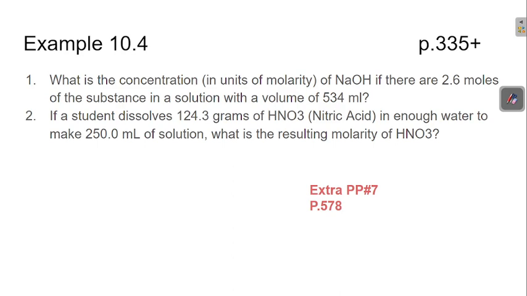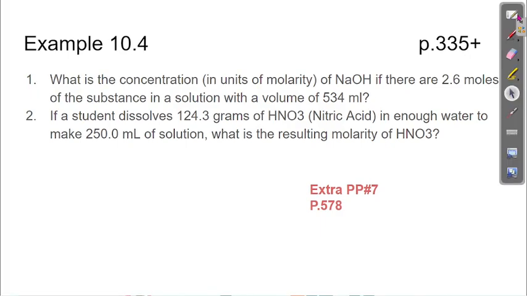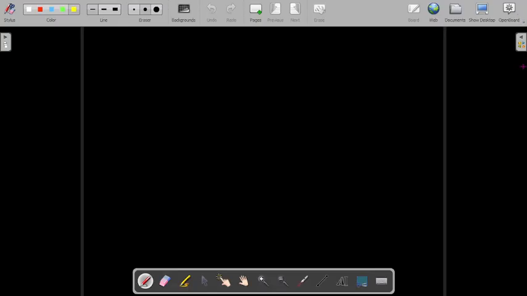If a student dissolves 124.3 grams of nitric acid in enough water to make 250 milliliters of solution, what is the resulting molarity of that nitric acid? Once we have solved those 2 examples, we're going to do an extra practice problem, number 7 on page 578 in your textbook. Let's move to the board here and let's tackle the first section.